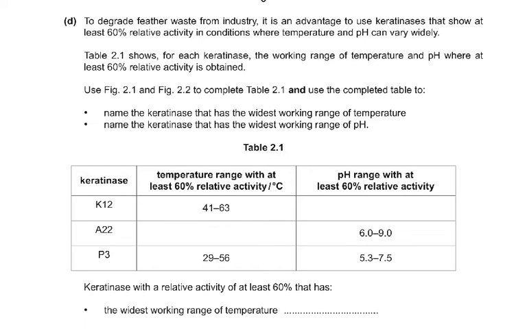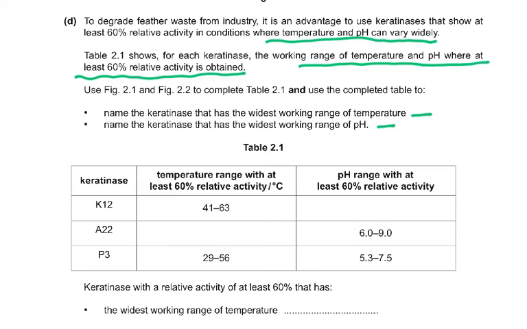To degrade feather waste from industry, it is an advantage to use keratinases that show at least 60% relative activity in conditions where temperature and pH can vary widely. Table 2.1 shows for each keratinase the working range of temperature and pH where at least 60% relative activity is obtained. Use figures 2.1 and 2.2 to complete table 2.1 and use the completed table to name the keratinase that has the widest range of temperatures and name the keratinase that has the widest range of pH.